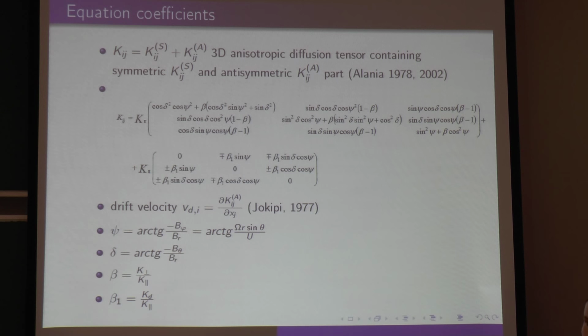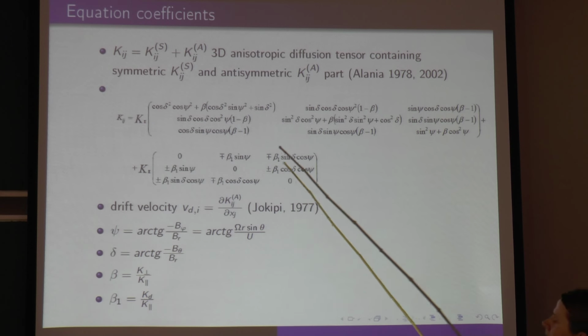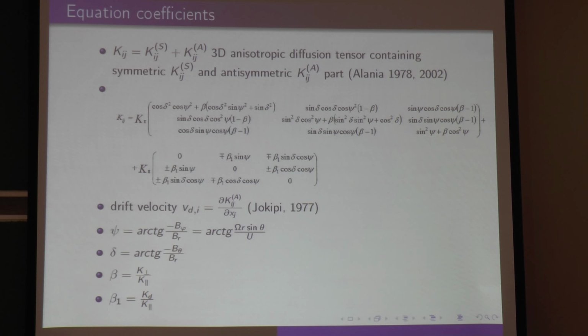And where does this come from? What is the physical background that enables one to find this? If you write the diffusion tensor in the reference frame connected with the solar wind, with the magnetic field, the diffusion tensor is very simple. And if we want to solve this equation in a heliocentric coordinate system, we have to transform.